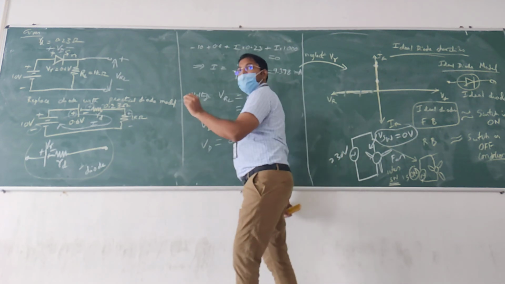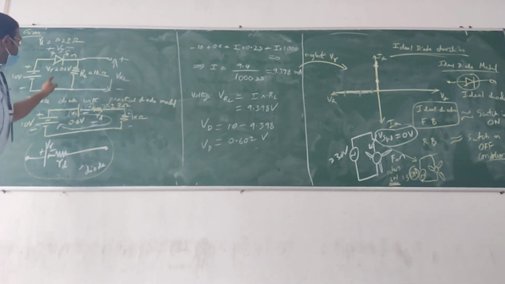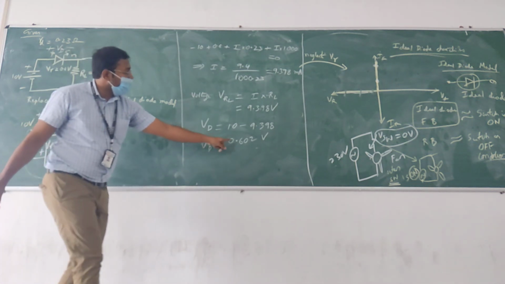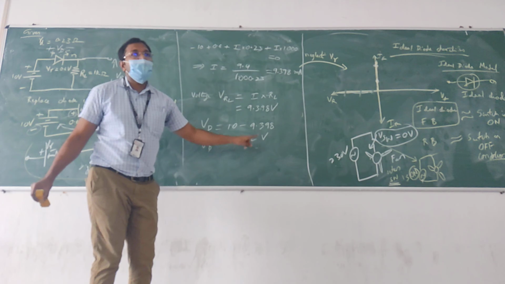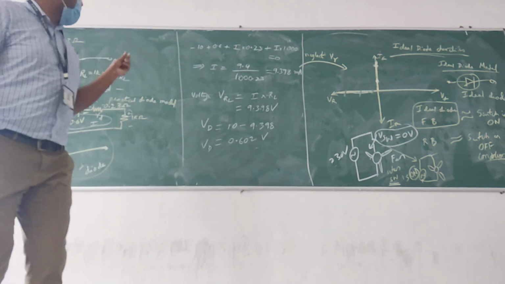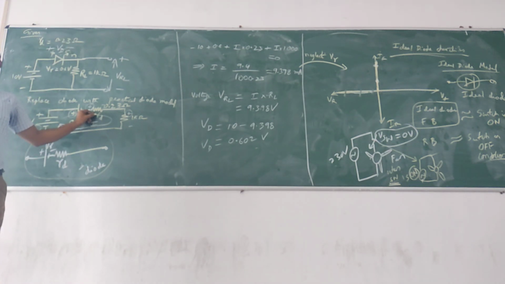Correct? So what is happening is 0.6 is due to V gamma. Additional 0.002 is due to the diode resistance, due to RD. Understood?